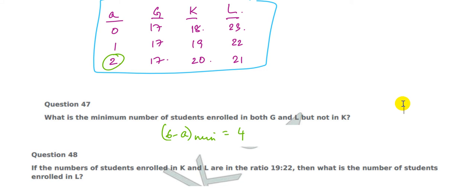Either K is 18 and L is 23, or K is 19 and L is 22, or K is 20 and L is 21. So it is given that the ratio of K and L is 19:22. That means they are talking about the second case. So what is the number of students in L? L would be 22. Is it clear?